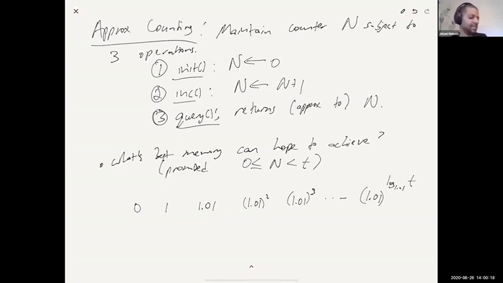So these are all, other than 0, the different powers of 1.01 that are between 1 and t, right? And my true value of n is somewhere in this line. So this is 0 and this is t. So I know the true value is somewhere here. So let's say it's here.